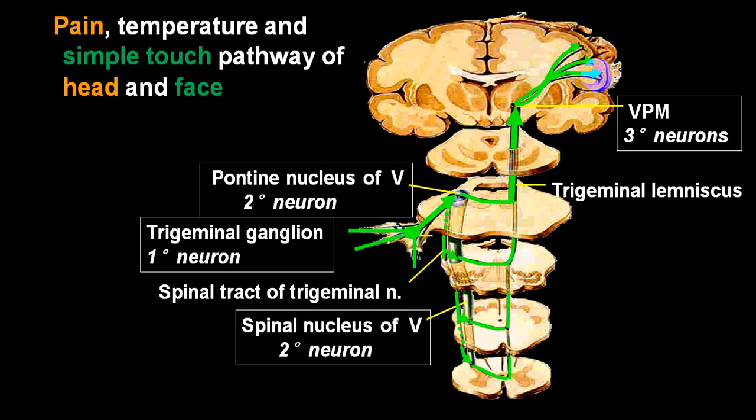So that will be the area where it will end, and this will be to the opposite side of cerebral cortex. This is the sensation from neck and face from opposite side to opposite side cerebral cortex.